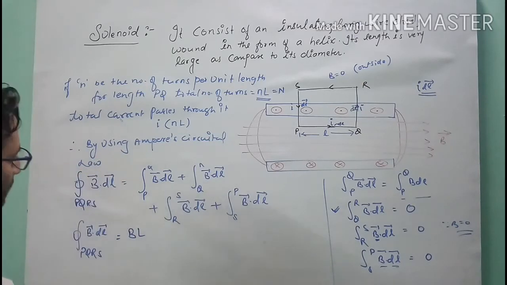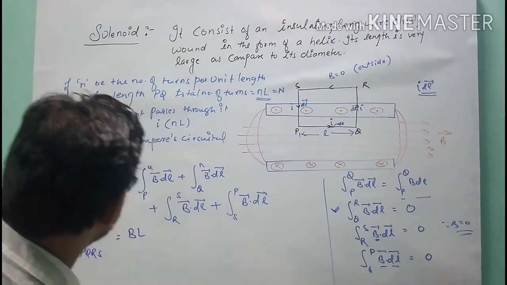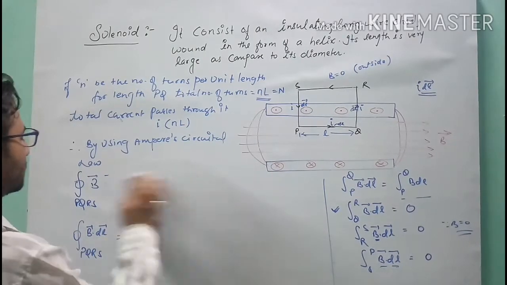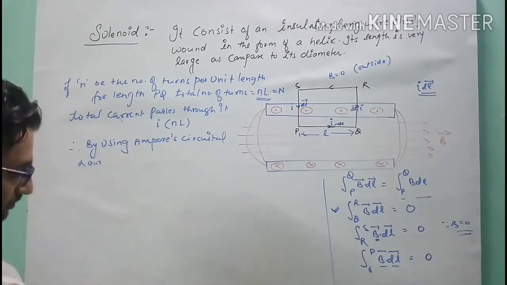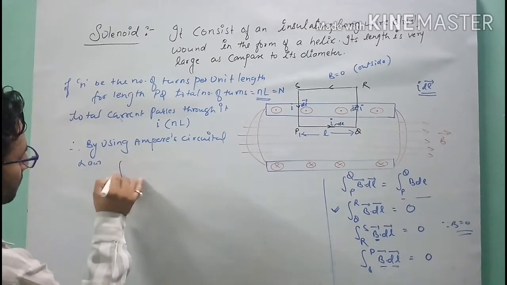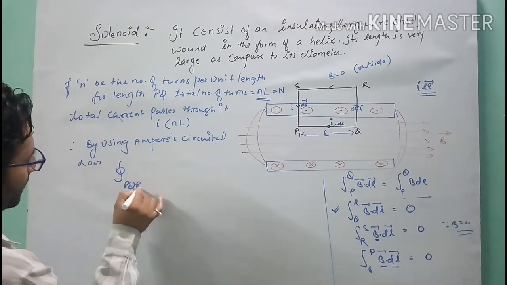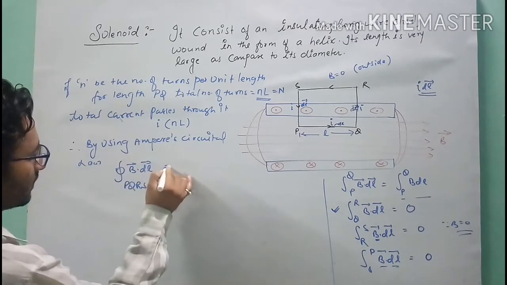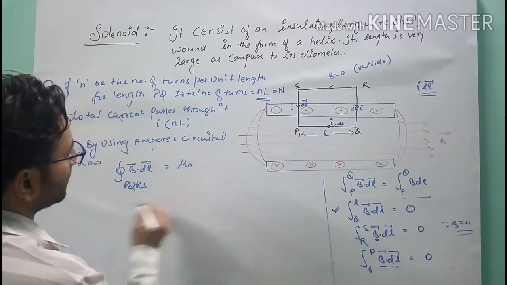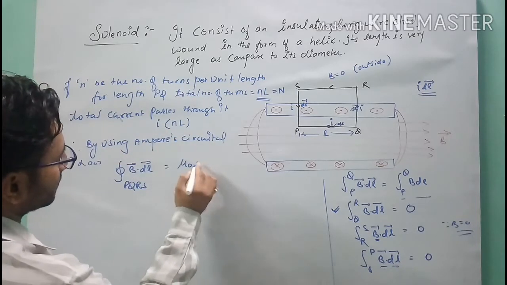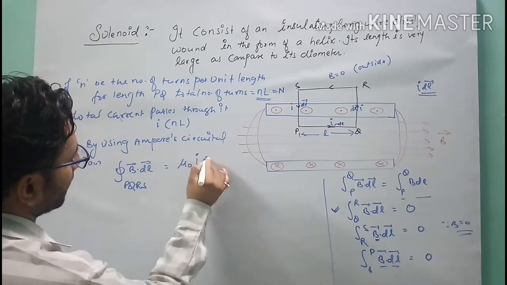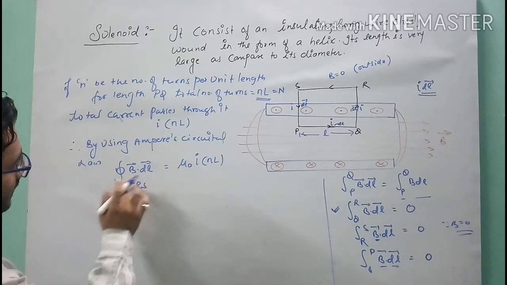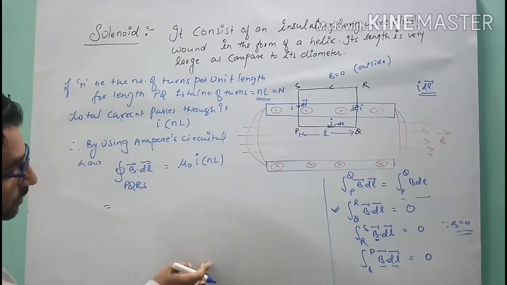if we use Ampere circuital law, I can write directly here the answer. As we know that the closed integral of B dot dl is equal to mu naught times the total current, which is equal to I n L. So for this condition, we can write this value as I have told you.